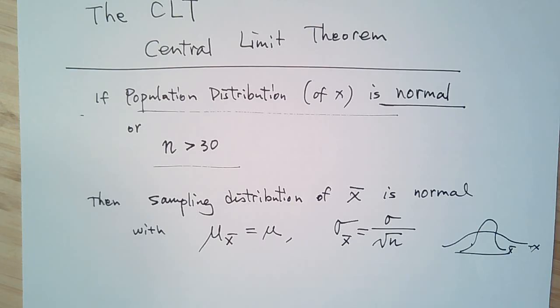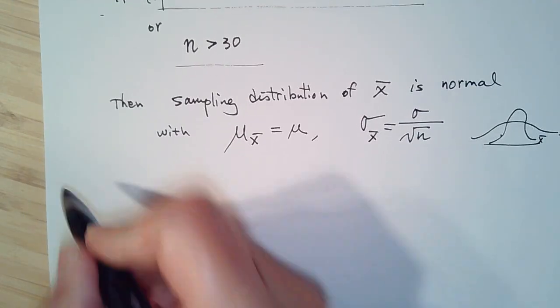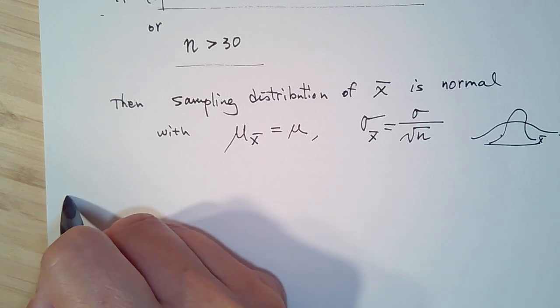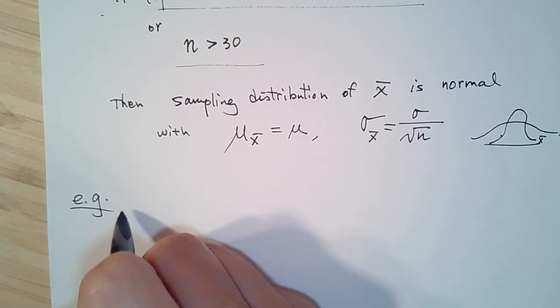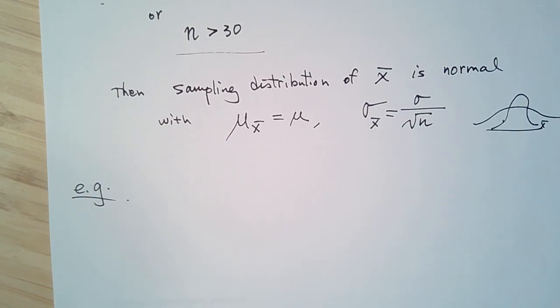So it's only 1/7 of the standard deviation of x. Okay, does it make sense? Yeah. All right, now let me give you a couple of examples to understand this. Okay, so the first example.